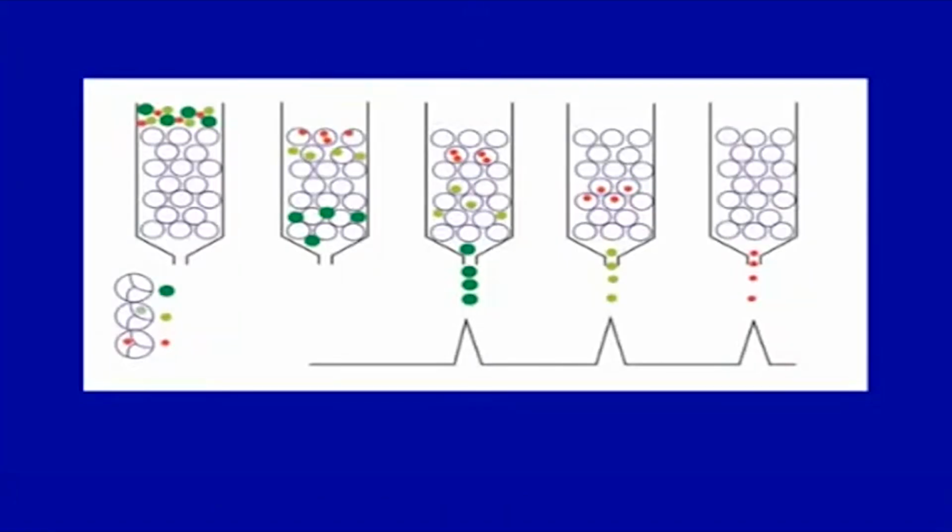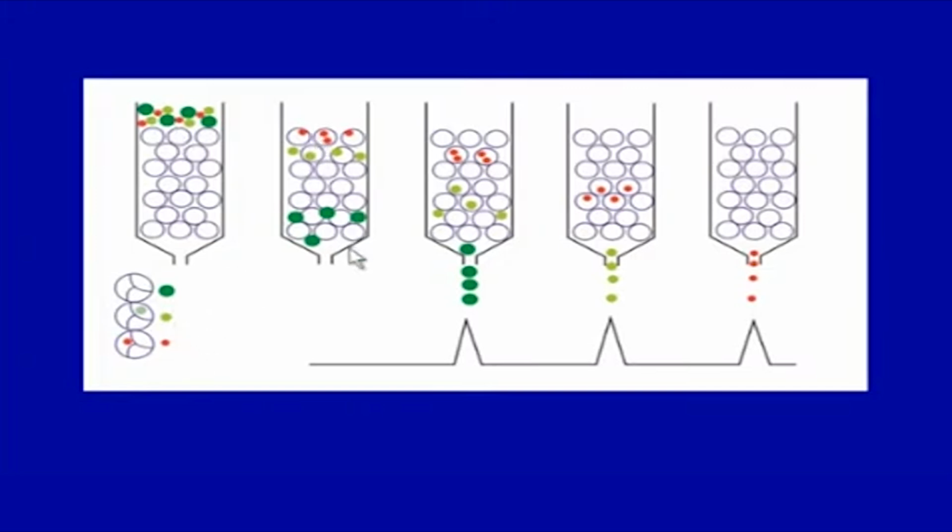Now, here is another figure which explains the same principle. This is a column where these are beads, and you have different size molecules: a larger size, an intermediate size and a smaller size.